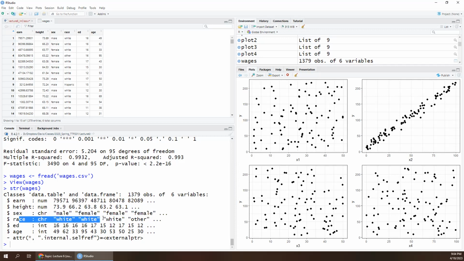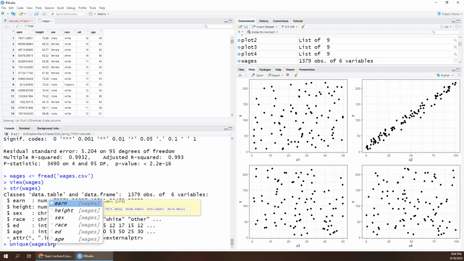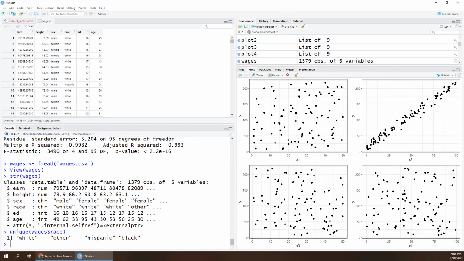Whereas our race, let's take a look. Unique wages for race. We actually have 4 unique races, and so this is a categorical variable. And then for education and age, these refer to the years of education that someone has received and how old they are. These are technically integer variables, but we can basically just consider them as continuous.